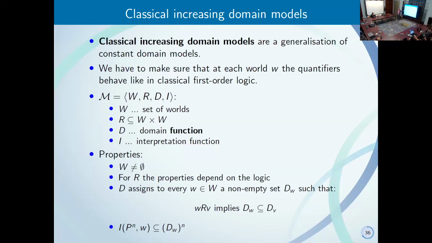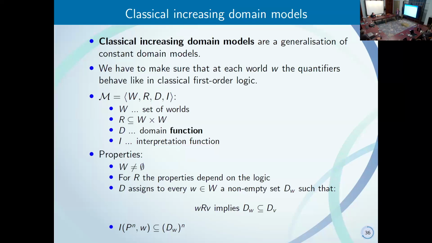You've seen before that the constant domain is a specific case of this one, right? In the constant domain, everyone shares the same domain, and now we are increasing. There's an important part of that. It's not only that we don't want to kill anyone accidentally when we go to the next world, we think this is actually necessary. I don't have it in the slides here, but if we get rid of this one, we will have to get rid of some classical first-order axioms.